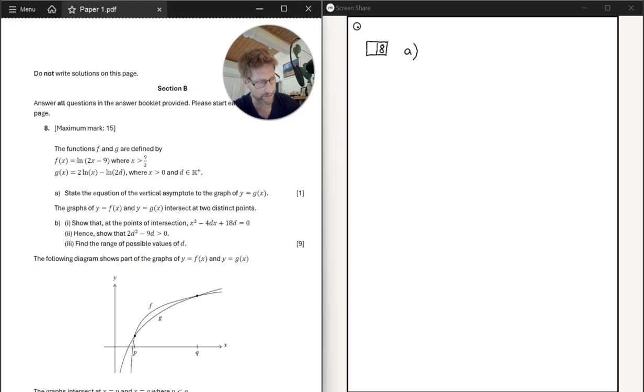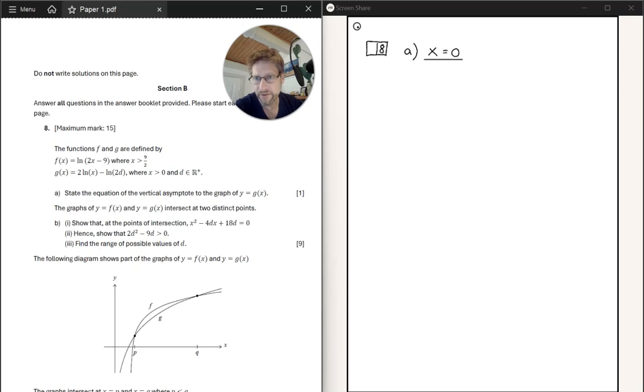So the answer to this question is that the y-axis is the vertical asymptote to the graph. And the equation for the y-axis looks like this. So that's the answer to A. Notice that you have to give an equation when they ask for an equation. So if you just write 0, that's not good enough.